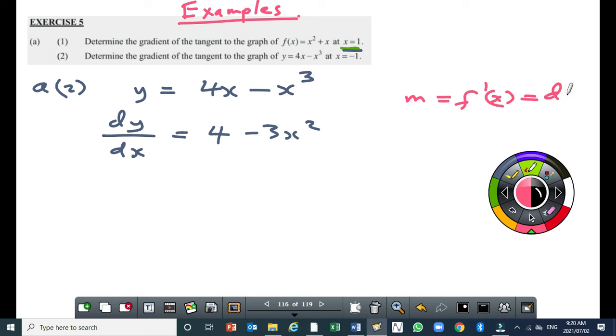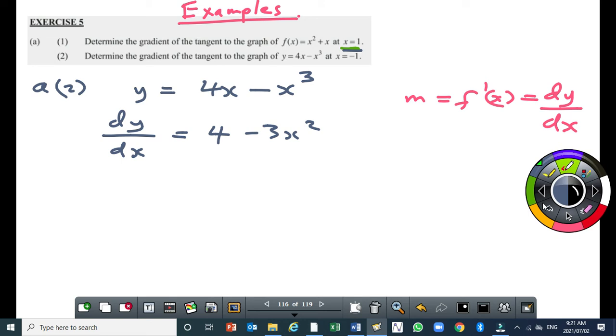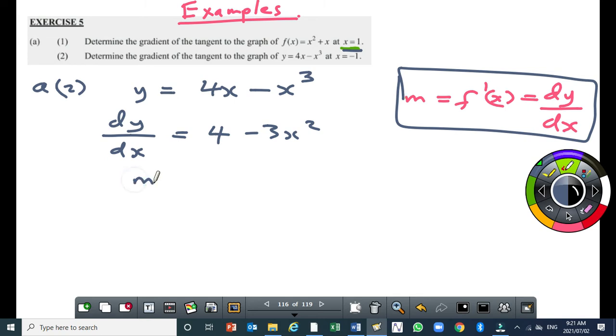It's also equal to dy over dx. Be aware of that. This is very important for you to know. Dy over dx is gradient. F prime of x is gradient. M is gradient.